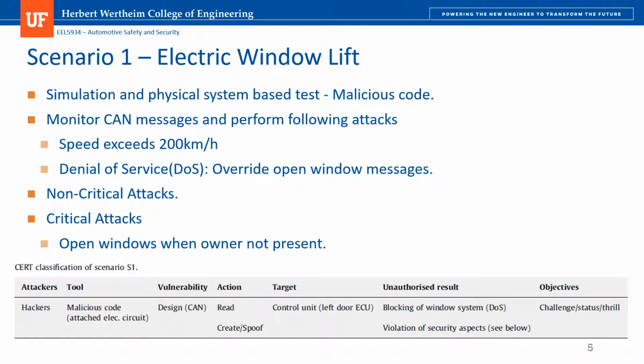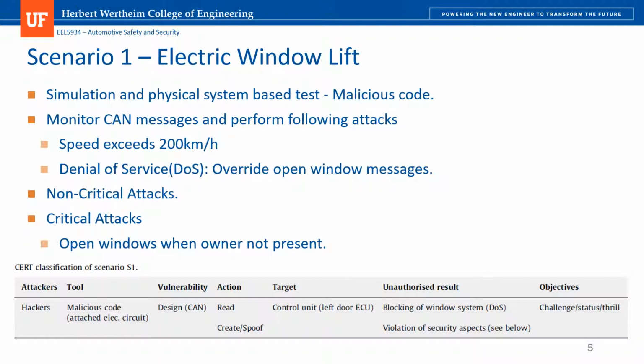So scenario 1 is the electric window lift, and this was one where they used that Canoe model-based platform I mentioned to simulate the attack, and then they also performed it on that physical test bed. So they developed some malicious code to read and spoof some CAN messages.